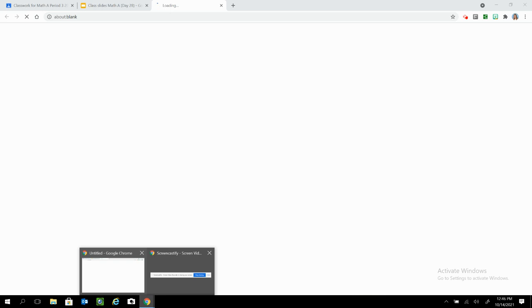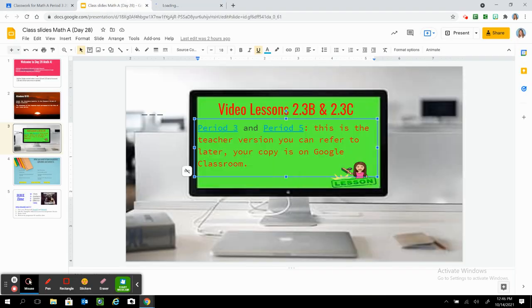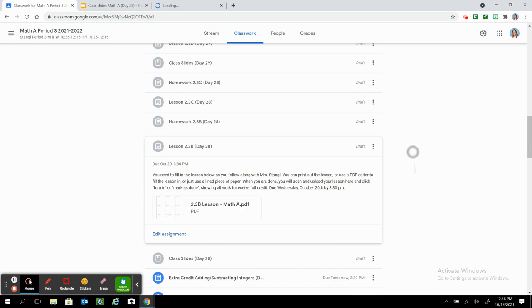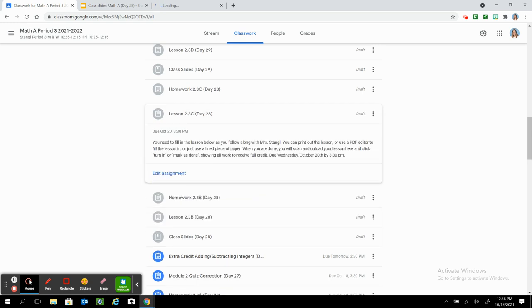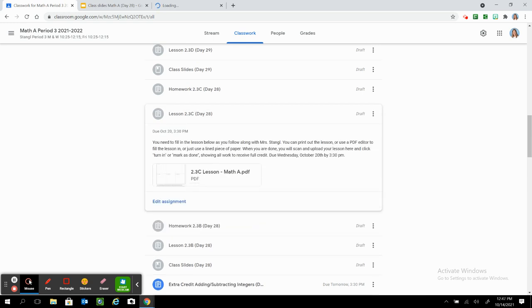And then we're going to be working through the next lesson, 2.3C, together with rational operations. Hopefully it will load. And then we can go through the next lesson together. So the next lesson is right here, lesson 2.3C in Google Classroom. You want to click on that link and open it up in either Kami or the Google Classroom app.